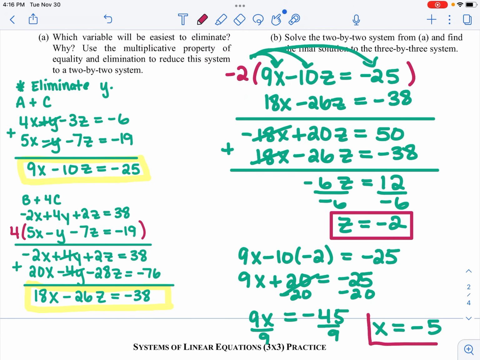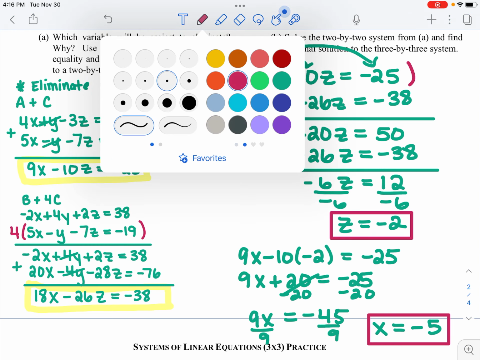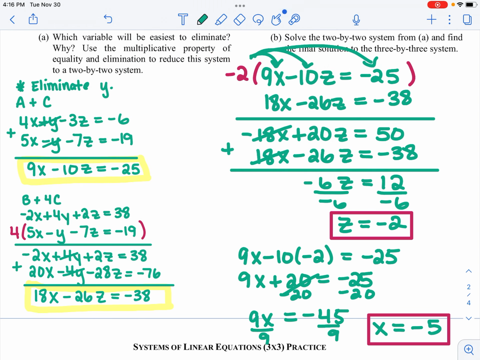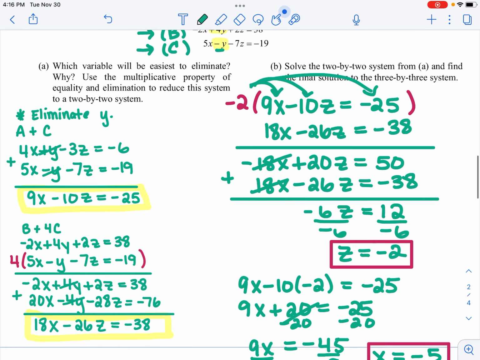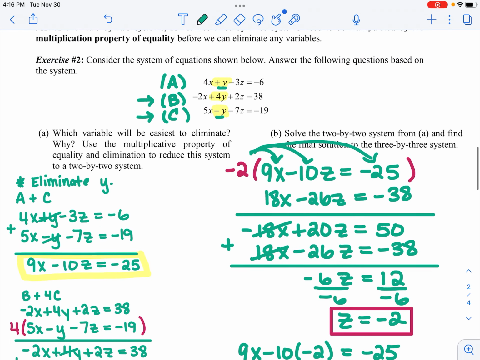Okay, so now we have 2 variables. Once you get that second variable, you're ready to go all the way back to one of your original equations and plug in. So negative 2 is z, negative 5 is x. I'm going to plug into the top equation. So negative 5 is x, and negative 2 is z, and that would all be equal to negative 6.